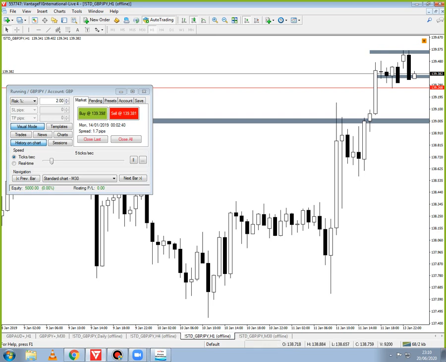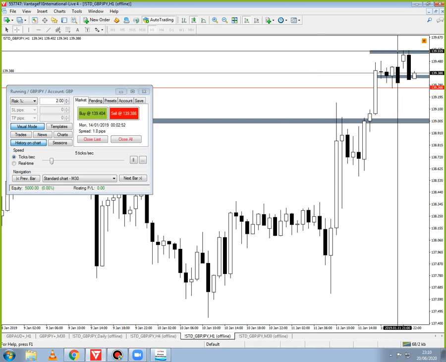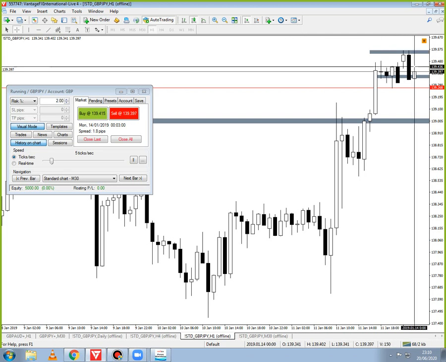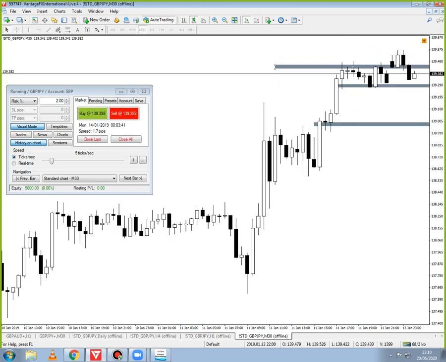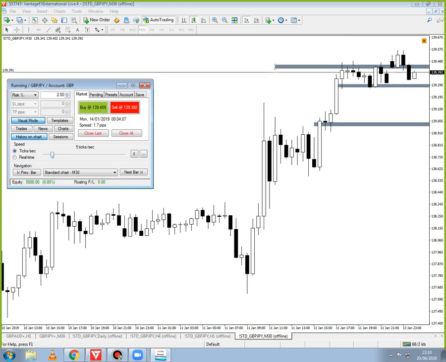So ideally this next 1 hour needs to respect the high of this 1 hour, create a top wick and break the low of this current 1 hour, and then potentially break this wick and continue moving down. So we're just going to watch it here on the 30-minute time frame. We'll just speed it up for a sec until we see something going on.